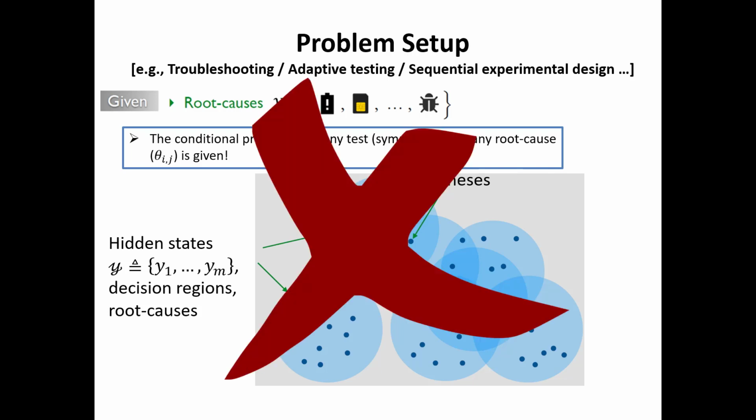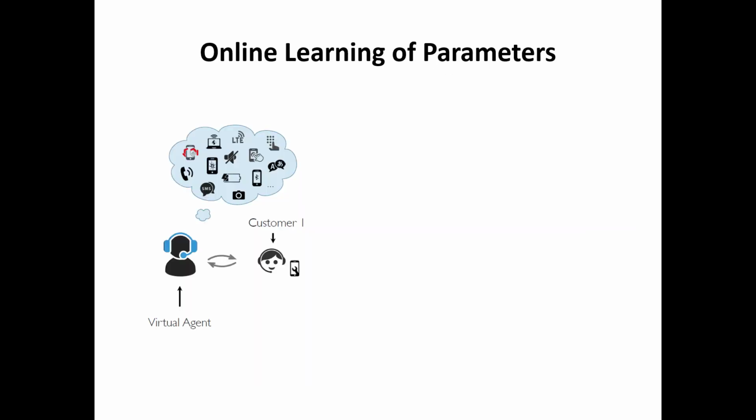However, in many applications, we might not have this information. So these are very critical parameters of this kind of problem, which might not be provided in advance. In the following, I describe an online learning paradigm to learn these parameters as long as we perform this task on different problem instances.